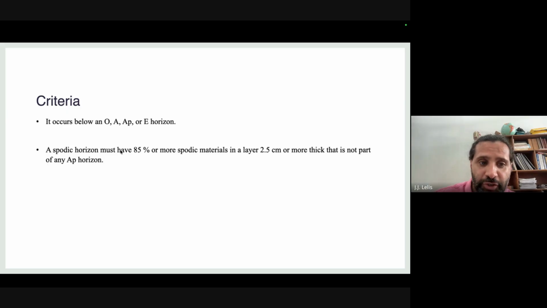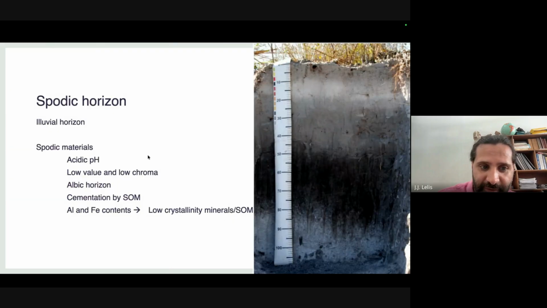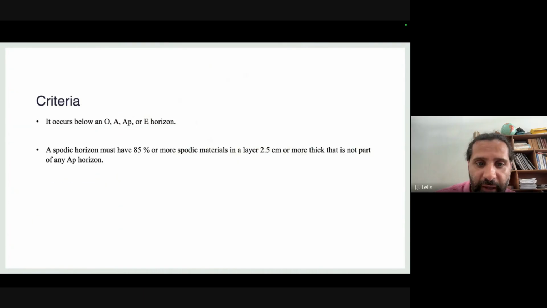So it should register the characteristics of the spodic materials that I told you, and these characteristics should compose at least 85% of the horizon, and it should have at least 2.5 centimeters. You can see that the thickness is not necessarily quite thick, because sometimes you can find very thin, very thin spodic horizons.